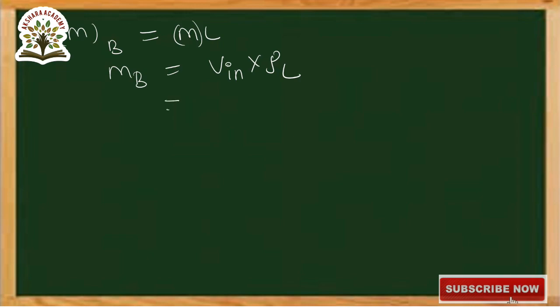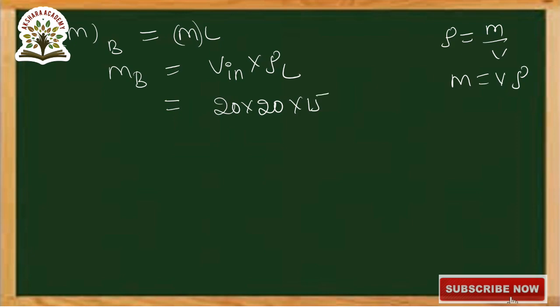Since rho is equal to m by v, m is equal to v into rho. So in place of m we write v into rho. V inside is nothing but 20 into 15 (length, breadth, height) into rho L, which they gave as 0.8.